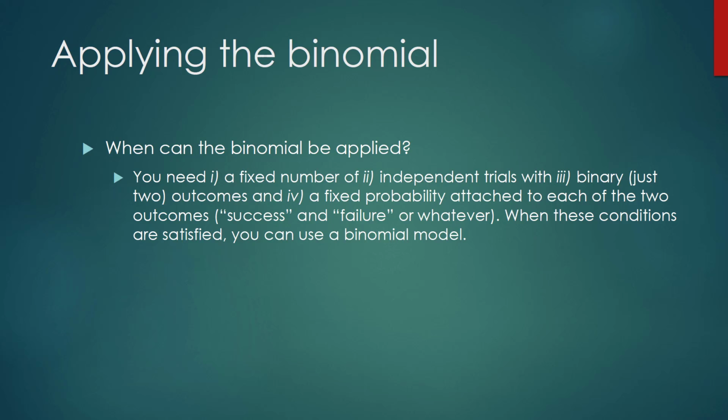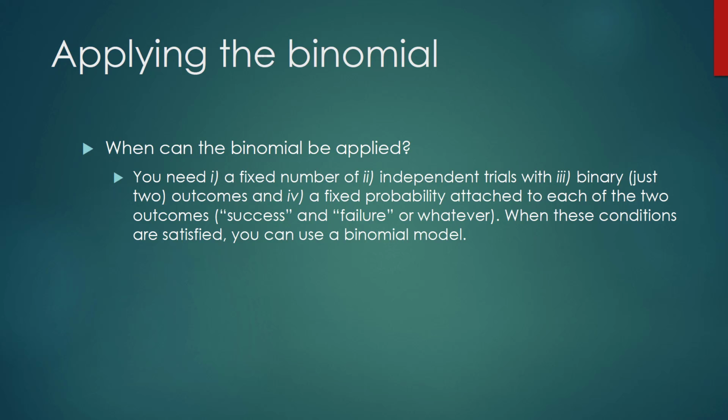So you may want to jot this down. You may want to have this in your notes or something, but you can only apply the binomial distribution to an application if you have 4 different conditions that are satisfied. And so they are summarized for you here on this slide. You need to have a fixed number of independent trials with binary outcomes and a fixed probability of success.